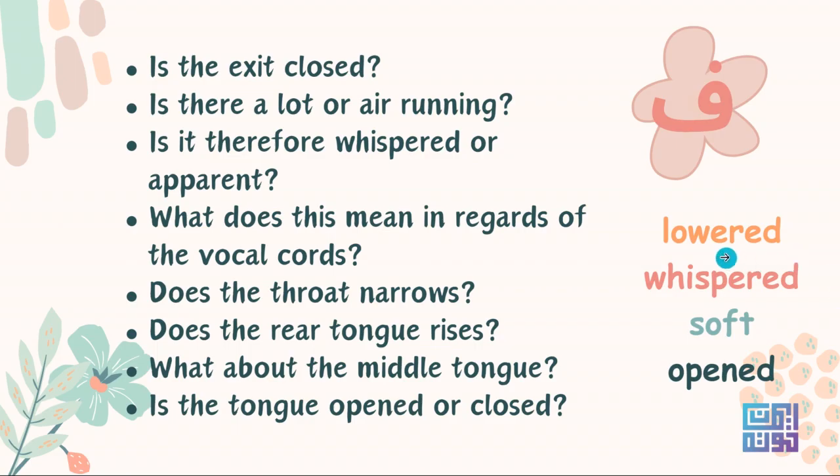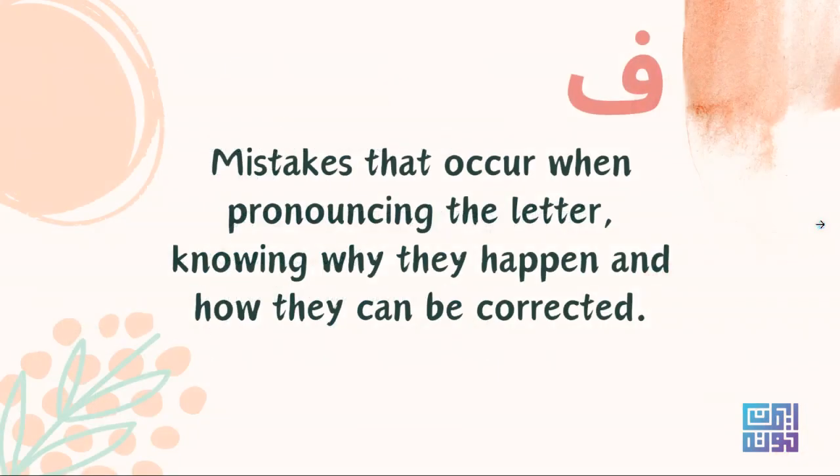So it's a lowered letter, whispered. It is soft. It has rakhawa. The sound runs and it's opened. It is not closed. It doesn't have itbaq. Okay, so this is what we have to say regarding the letter fa.